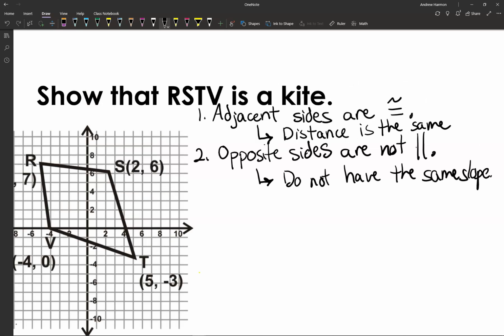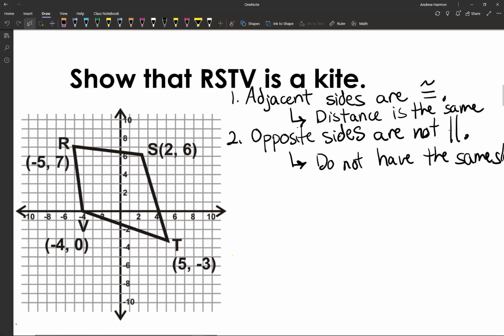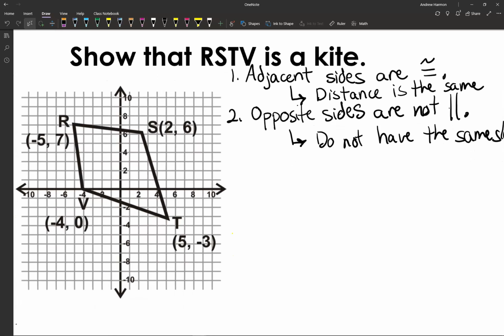What we have to do is look at each side of the shape. To do that, we first have to identify all the points. So we have this side here, R to S first. Let's take a look at RS and ask, what is the distance of this line and what is its slope? Remember, the distance formula is the square root of negative 5 minus 2, so x minus x squared, plus y minus y squared, which in this case is 7 minus 6 squared.